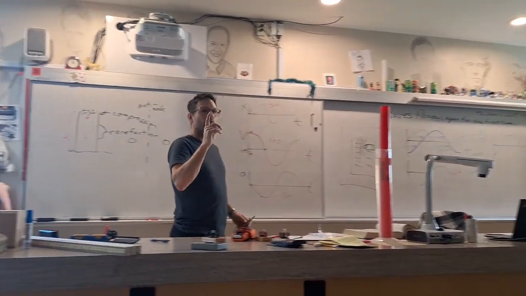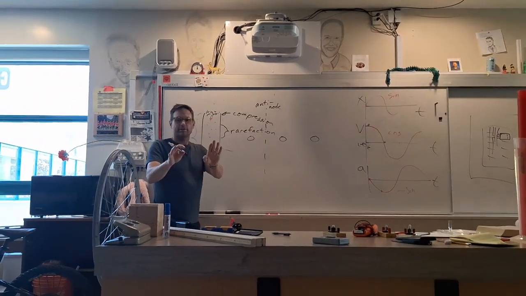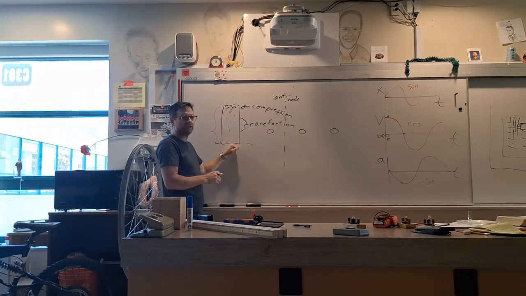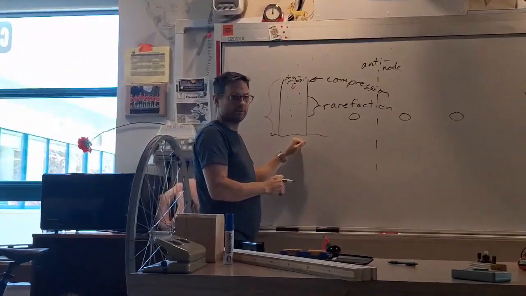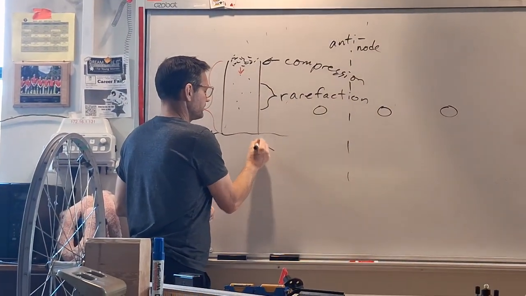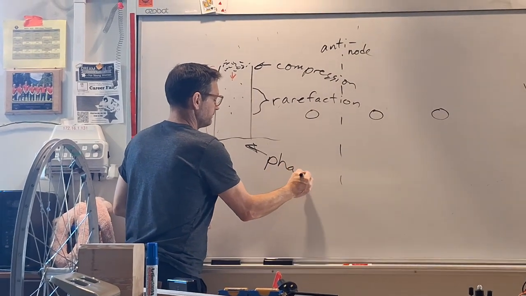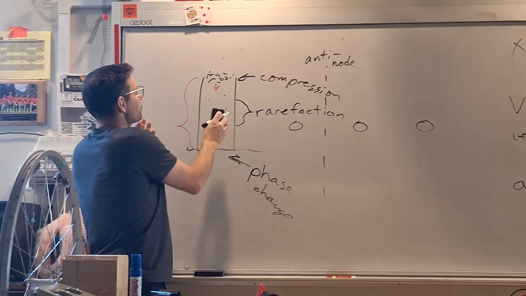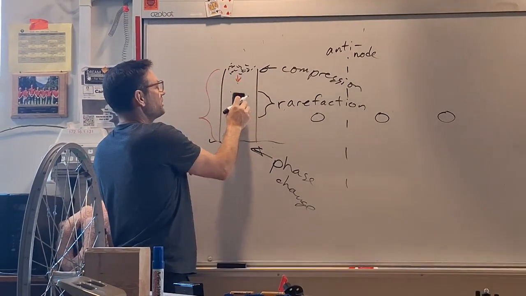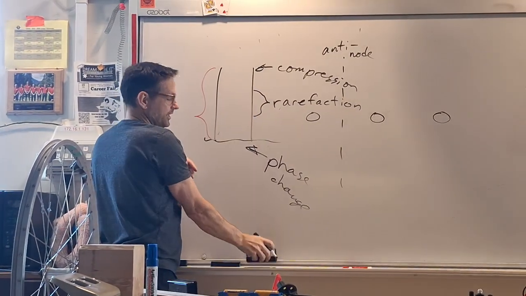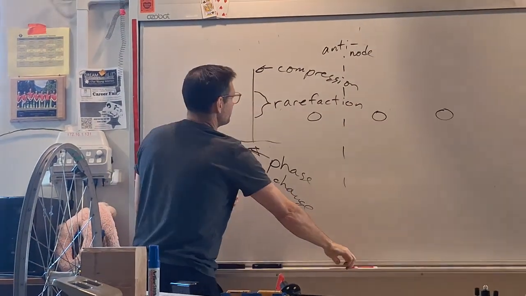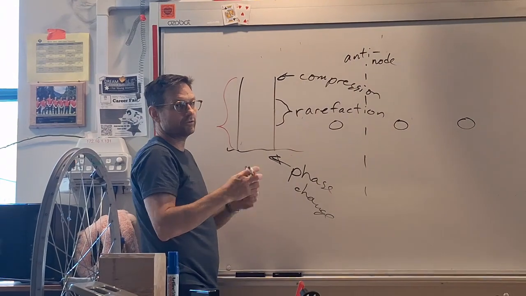Okay, so first of all, don't forget what happens when you're reflecting off a more dense surface. You get a phase change, right? It's often drawn not like a compression, it's often drawn as a transverse wave. This is not a transverse wave in real life, it's really a longitudinal wave.